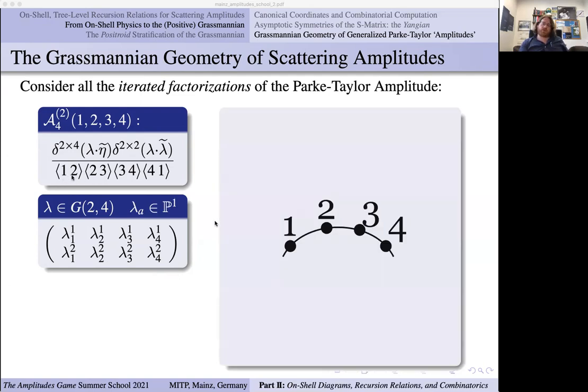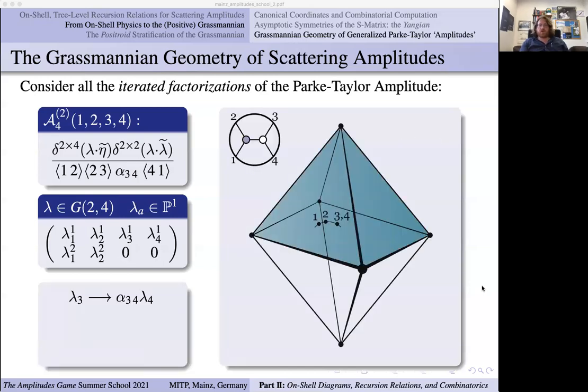Because the only first order poles, the codimension 1 residues you can take, involve consecutive pairs of spinors. So it's 1, 2, and then 2, 3, 3, 4, and 4, 1. You can think about it as having points arranged consecutively on a circle. And the geometry of configurations of points on a circle is in fact in one-to-one correspondence with the iterated factorization channels of this amplitude.